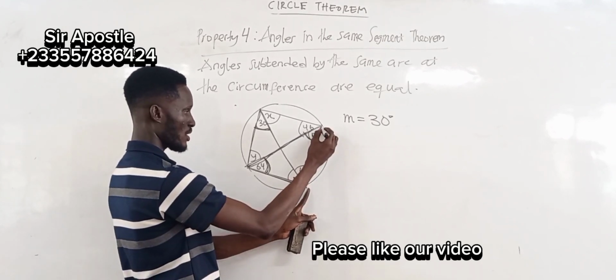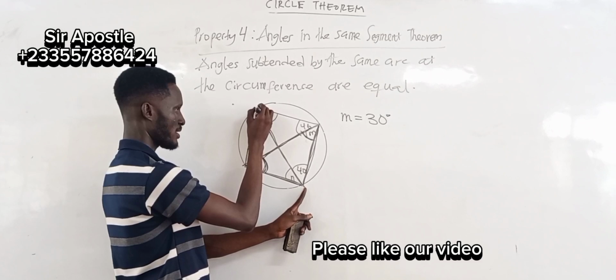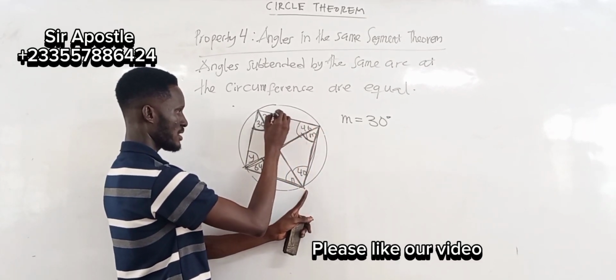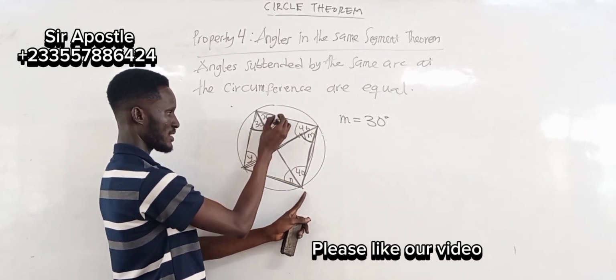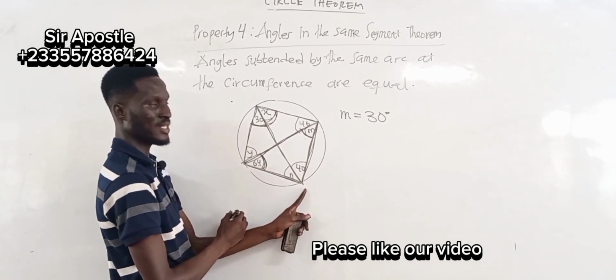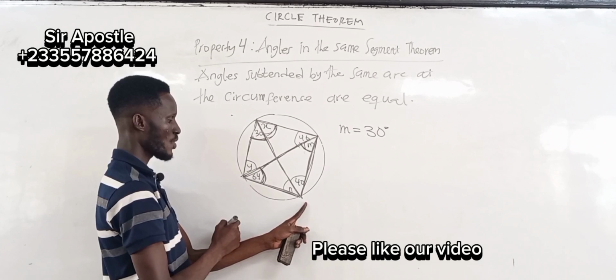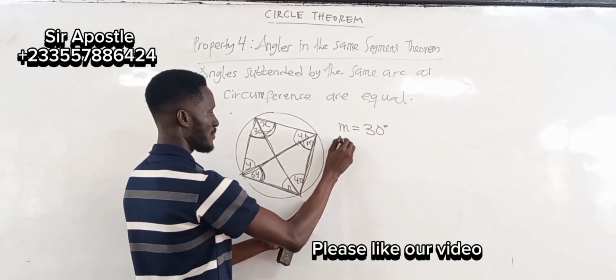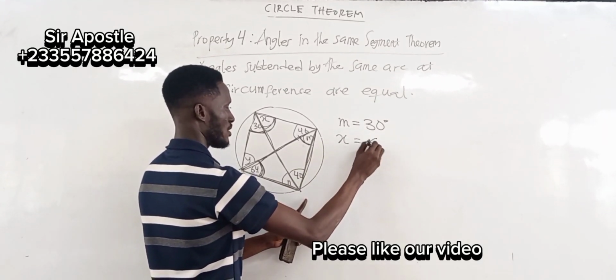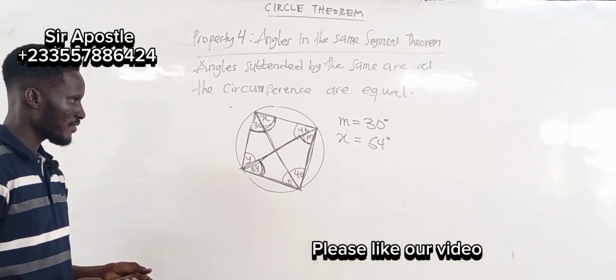Now the same chord, this one is forming an angle at this particular point. This one is meeting it here, which is x. So what does it mean? x and 64, they are equal. So x is equal to 64 degrees. Very, very simple.